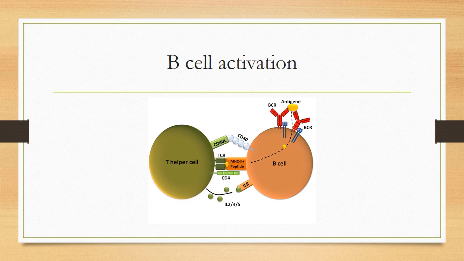But as we have seen, this interaction is not sufficient for full activation. That's why we need cytokines like interleukin 4, interleukin 5, and interleukin 21 as signals. This will help B cells to proliferate and differentiate, and also to produce antibodies.